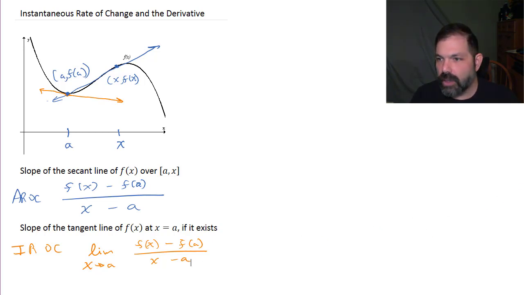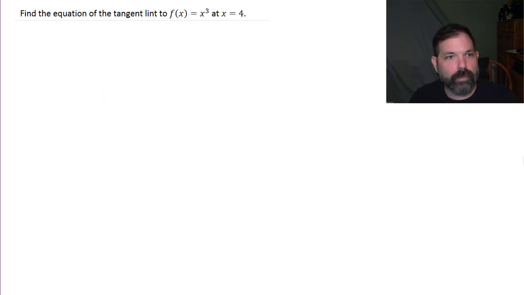Alright, so let's use that notation and see an example. Let's find the equation of the tangent line to f of x equals x cubed at x equals 4. So if x equals 4, that means that my a value is 4.